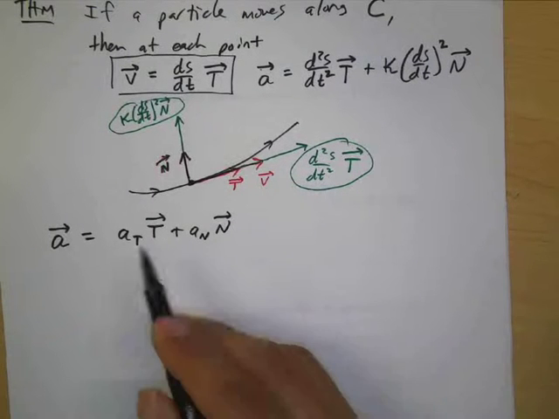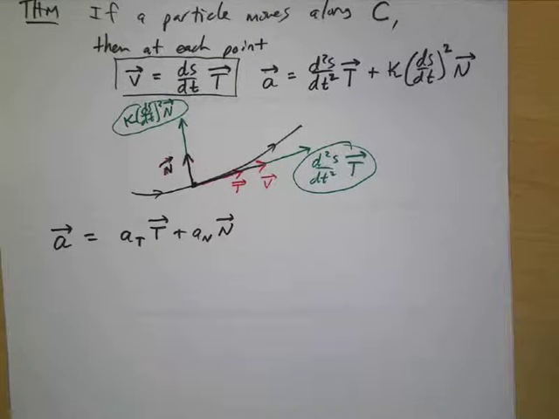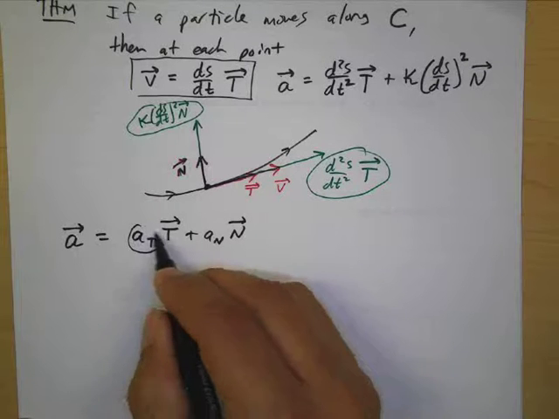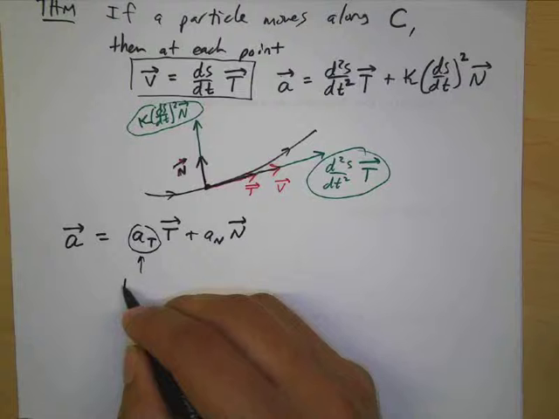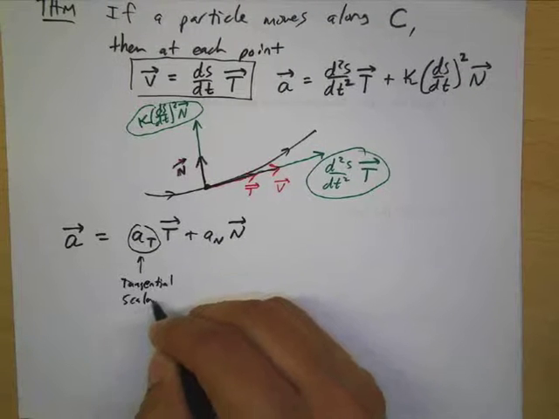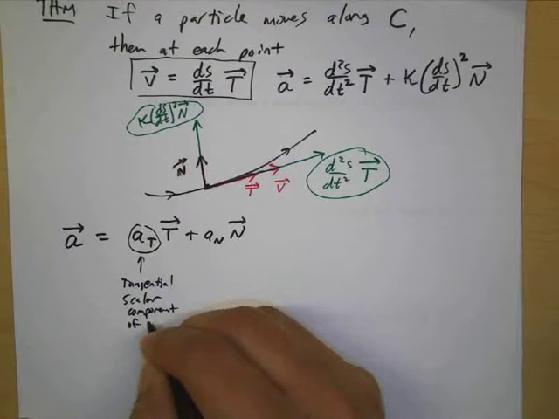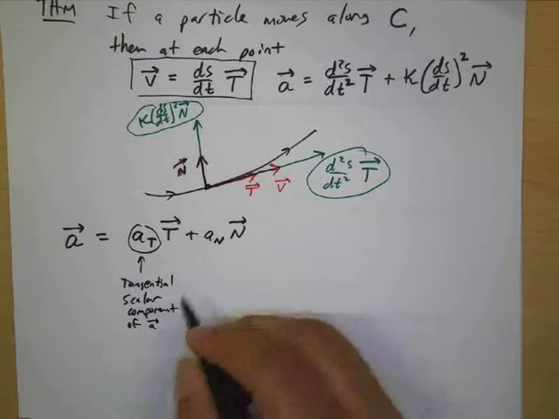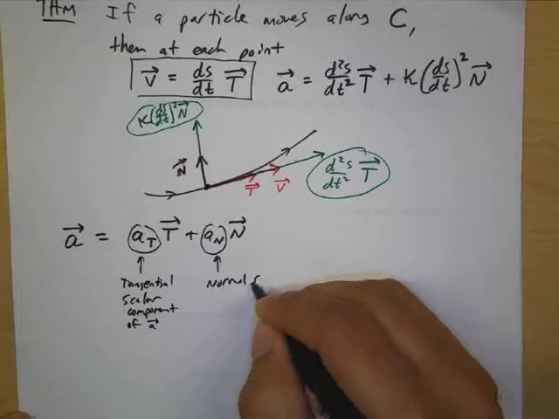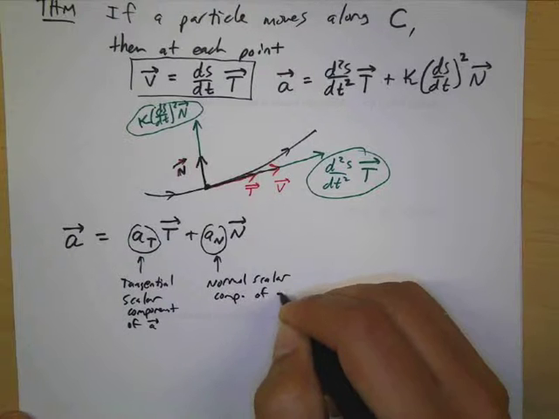We have tangential component and normal component. And just to make things clear, this coefficient is the tangential scalar component of acceleration. And this would be the normal scalar component of acceleration.